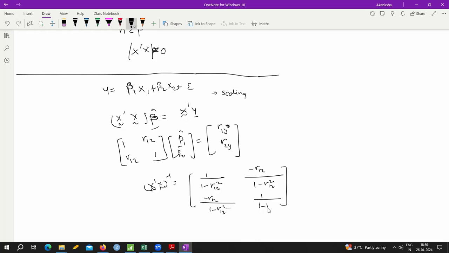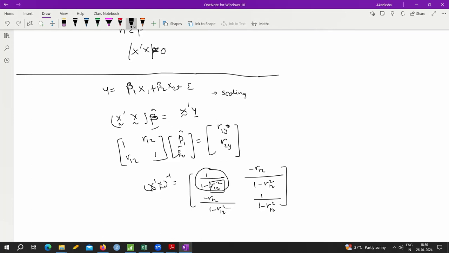Now you can see here my variance is scaled up by this factor. So if r12 is very high, then the denominator is almost close to 0, and as a result the variance becomes very high.